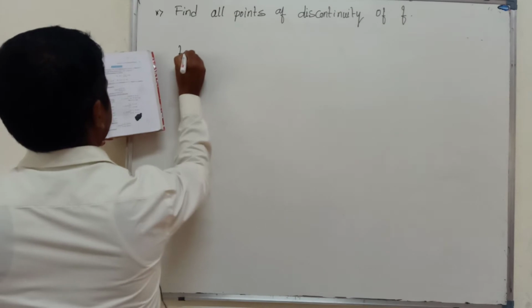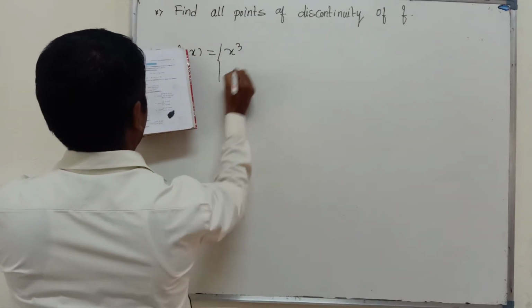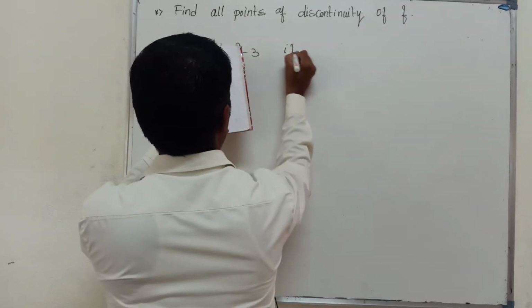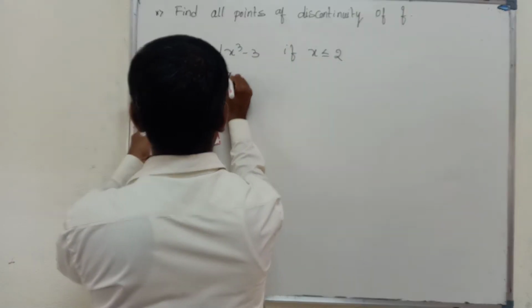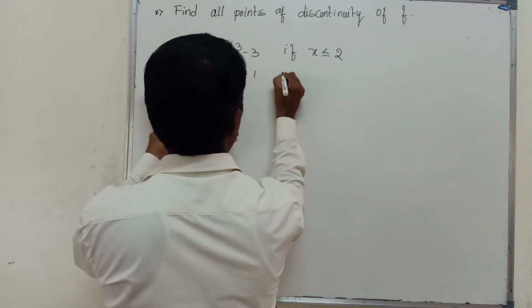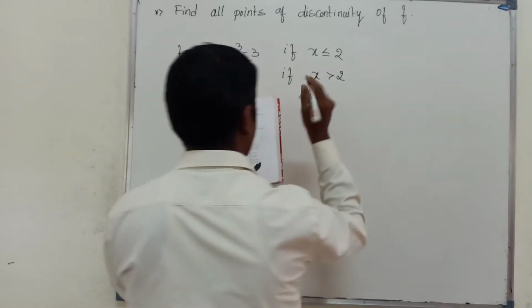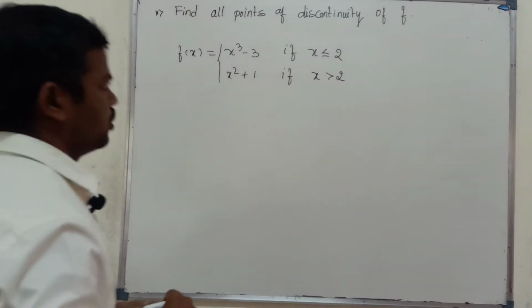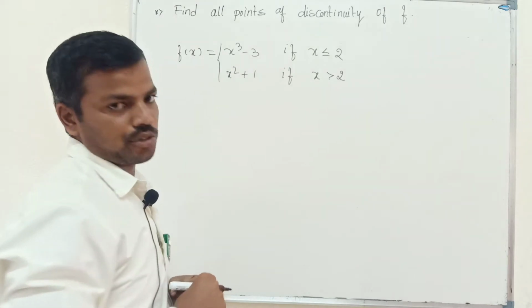f of x is equal to x cube minus 3 if x is less than or equal to 2, and x square plus 1 if x is greater than 2. So now first we'll find out at x equal to 2.